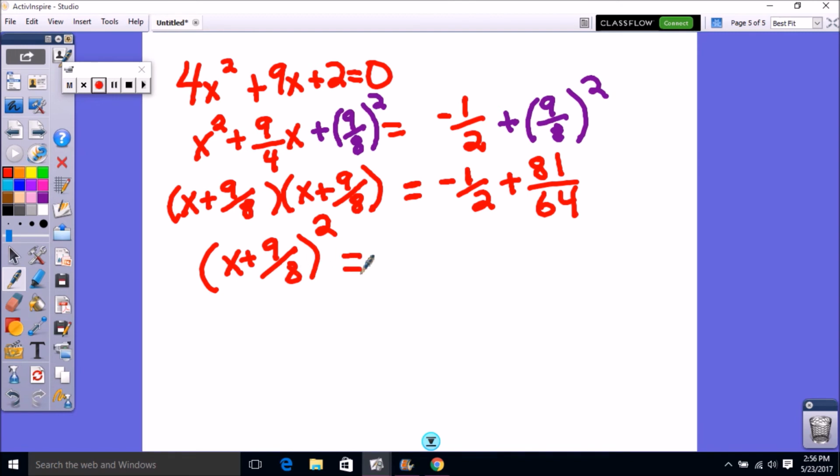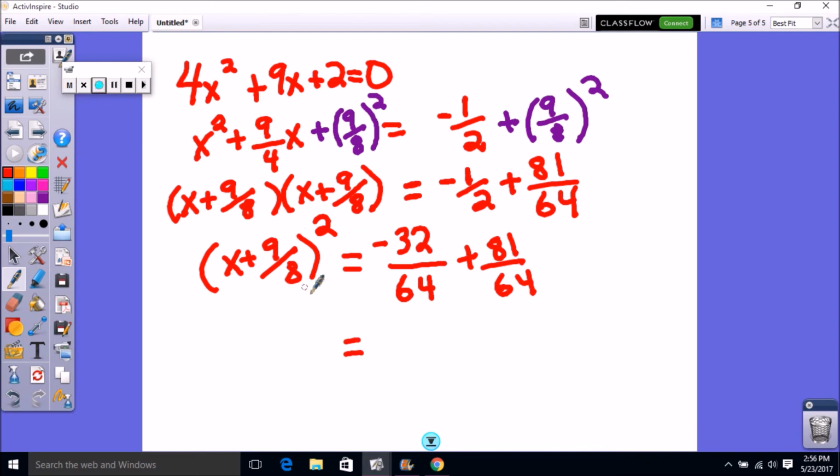On this side of the equation, in order to add these, I need to convert them to common denominators, correct? So 1/2 has to become 32/64, and it's negative, correct? What is negative 32 plus 81?